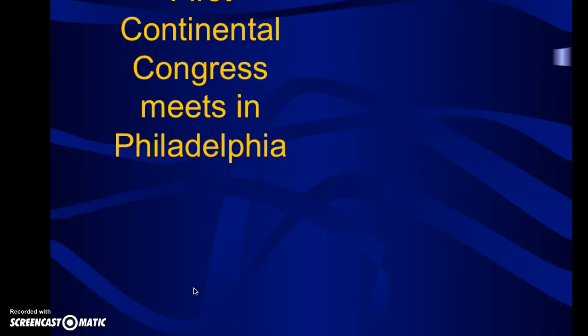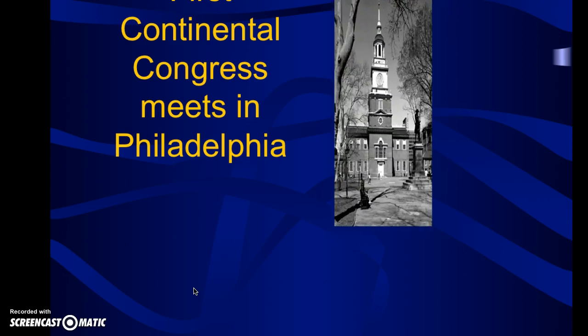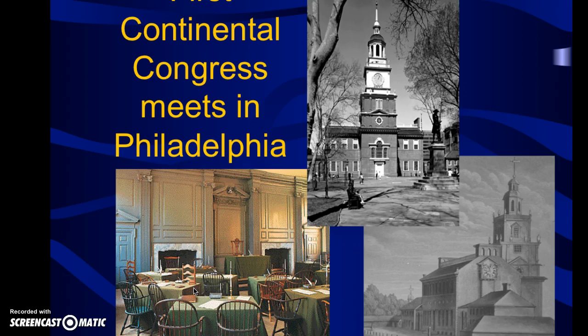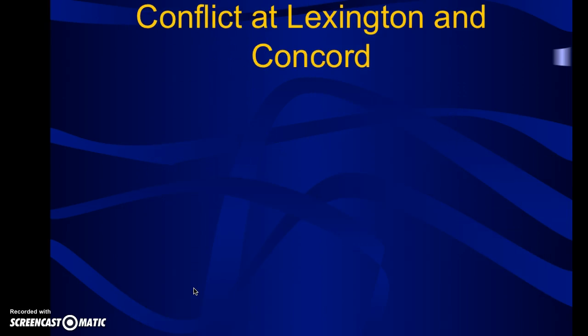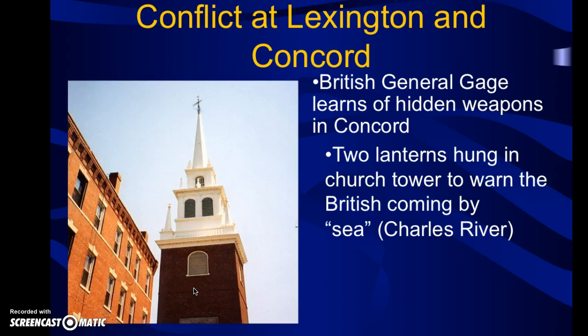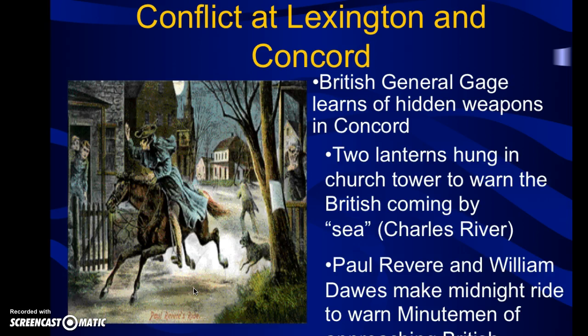The First Continental Congress meets in Philadelphia. Conflict at Lexington and Concord. British General Gage learned of hidden weapons in Concord. Two lanterns hung in the church tower and warned the British coming by sea, Charles River.